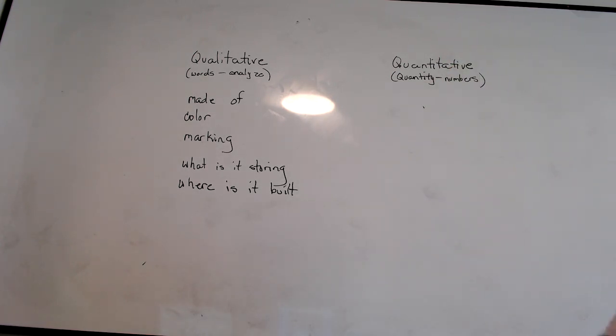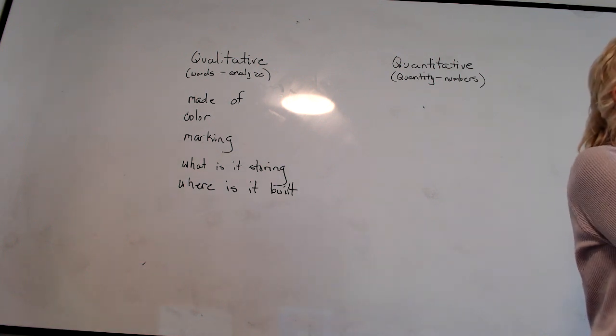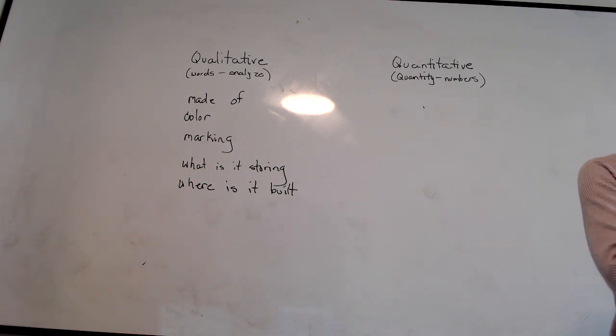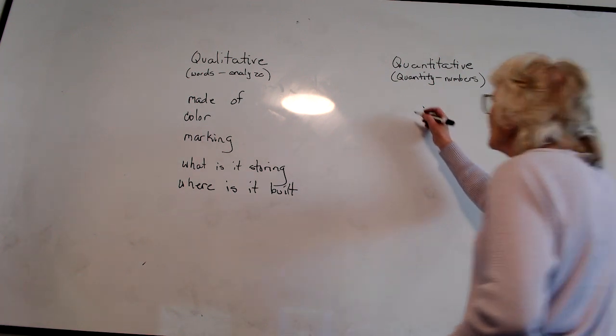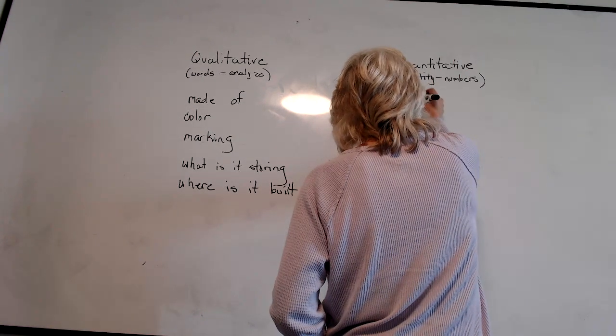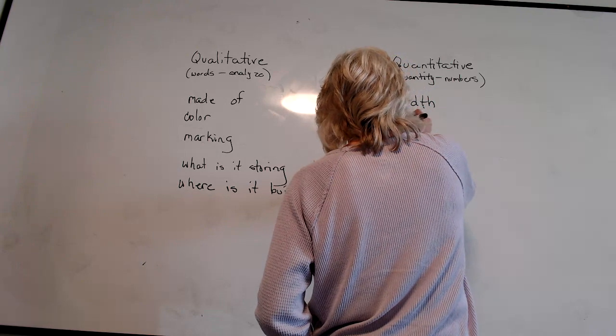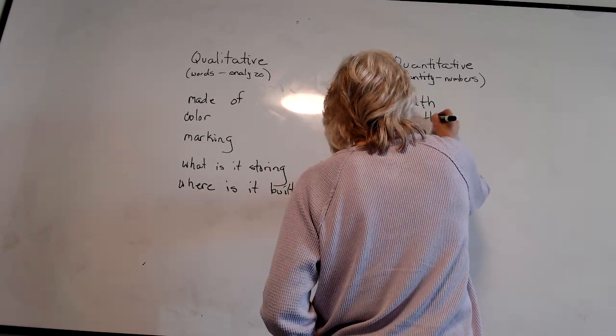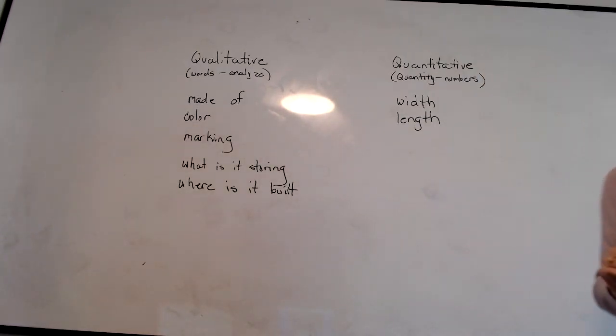Okay, now think about what are some things we could describe it by using numbers. What would those be? Yes. What its width and length is. Okay, both the width, the length, what else? Is there a third dimension? Yes.